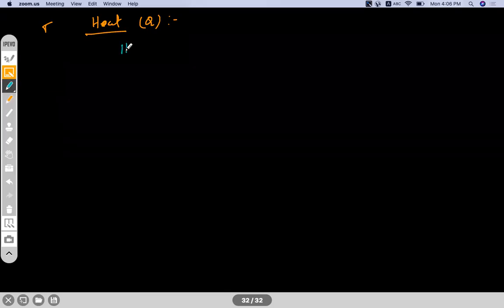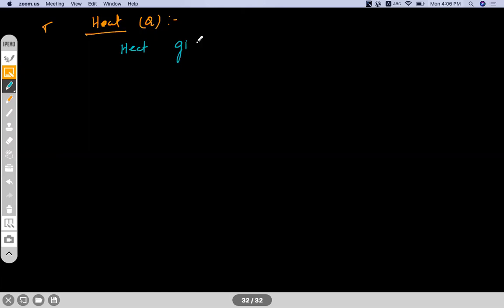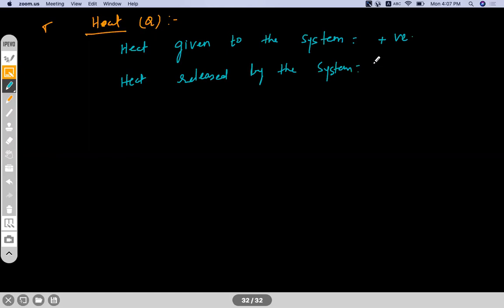Heat is represented by Q. Heat given to the system is positive, and heat released by the system is assumed to be negative.